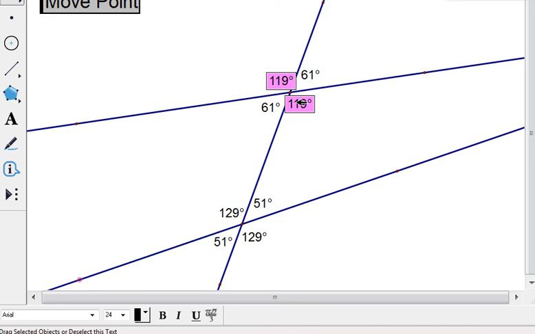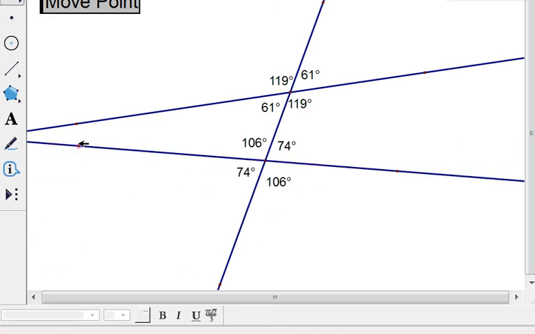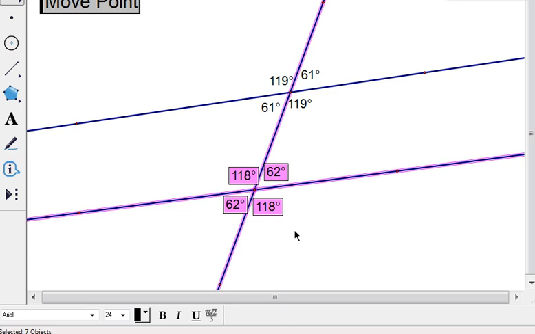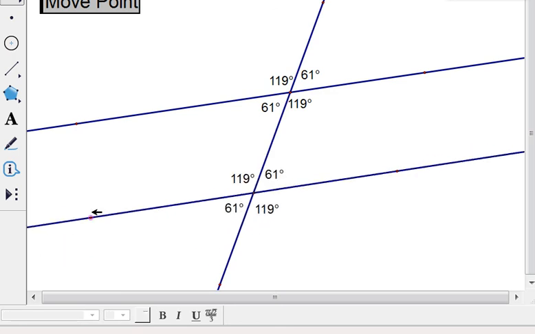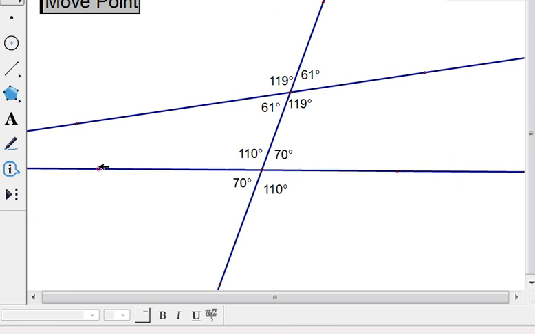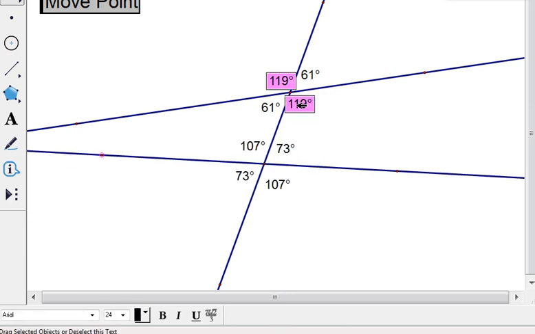They stayed the same, and yet the lines right now are nowhere near parallel. In fact, as I drag this point up and down, these angles are changing, whereas these angles are staying the same. The summary is that just because these angles are the same does not mean that these lines have to be parallel.